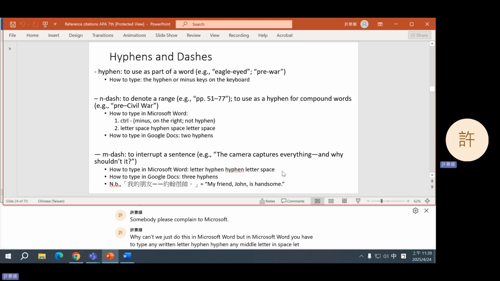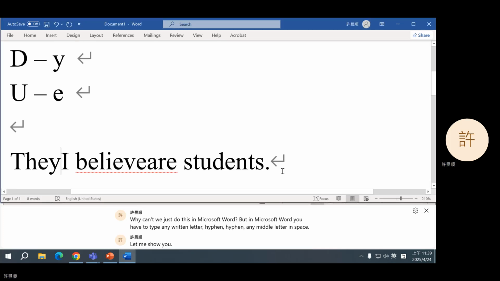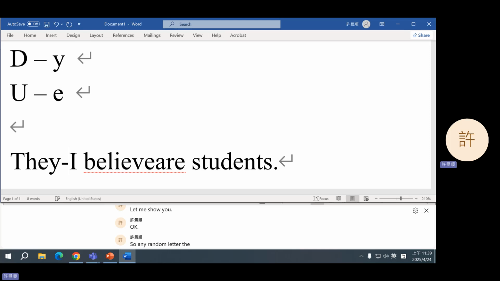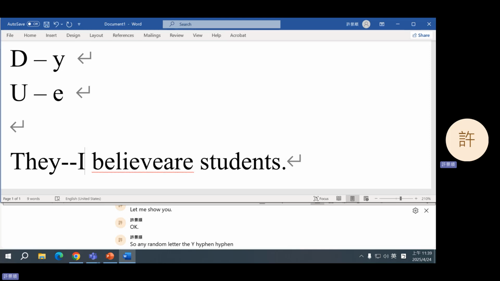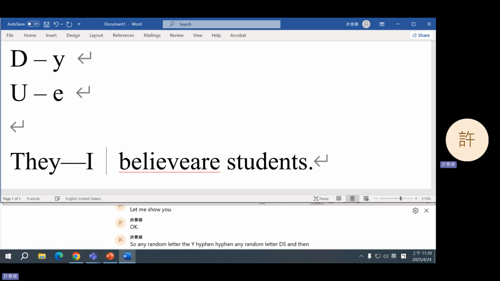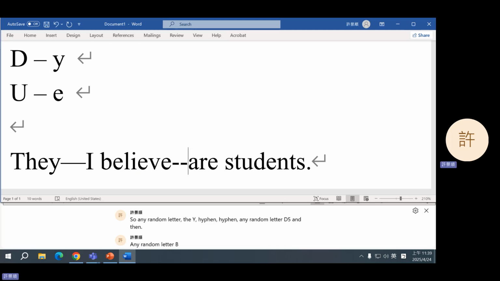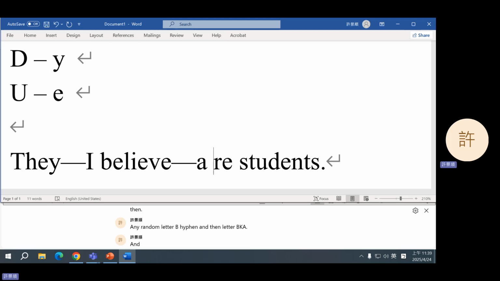Let me show you. Any random letter, hyphen, hyphen, any random letter, and a space, and it becomes an em dash.